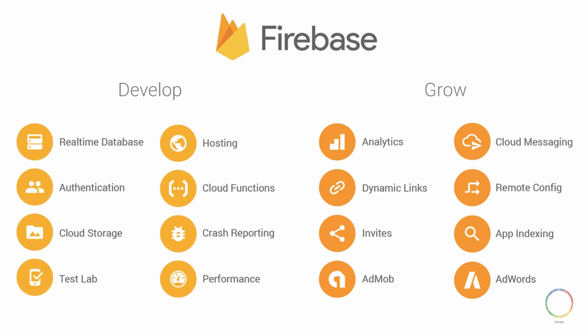Through another technology I haven't mentioned here called App Indexing, you can leverage something that people do every single day, and that's search. If they're searching for content using Google search on their phone, and you have that content within your application, then Google search can drive them to your application, and you can grow as a result.